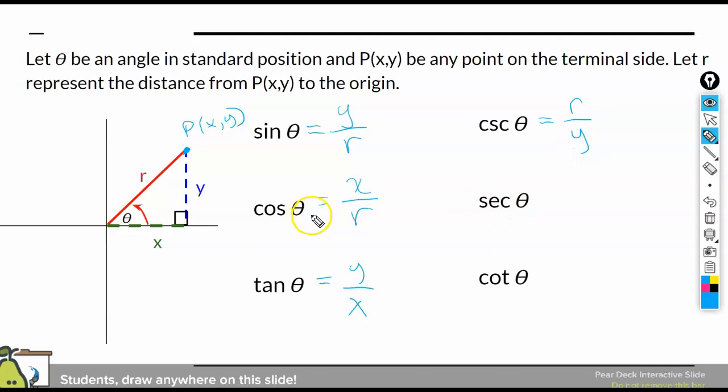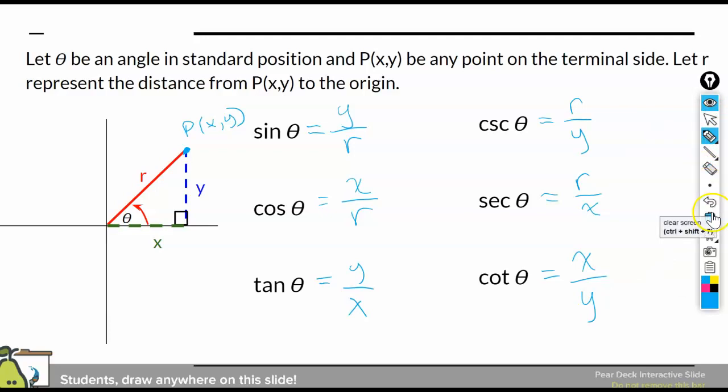Secant is the reciprocal of cosine, which means that it's going to be equal to r over x. And cotangent goes with tangent, so that means it's just going to be x over y. And that would be true for any of the points that we could write on the coordinate plane.